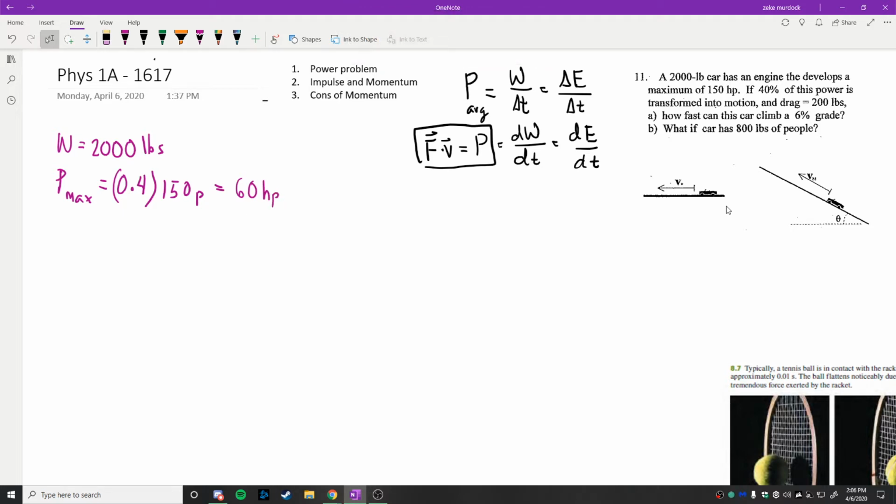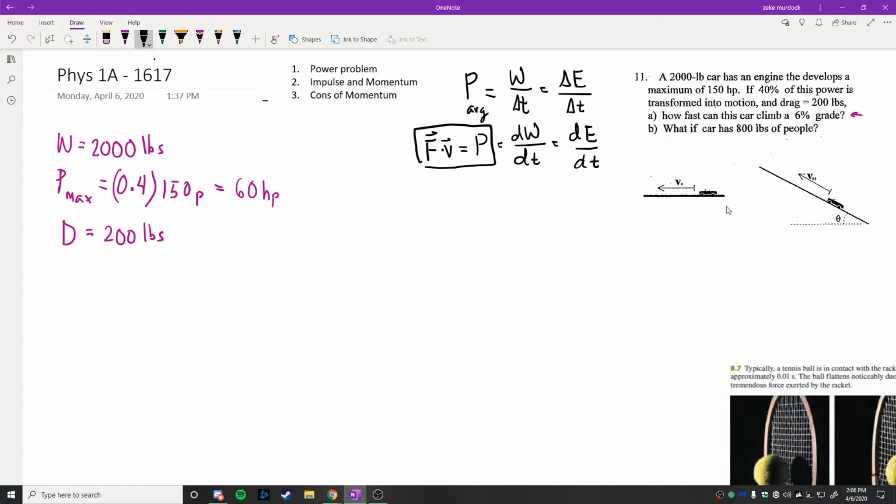And it says we also have a drag force acting on the car, so we'll call that D. And it says the drag force is 200 pounds. The question is, how fast can this car climb a 6% grade? So we've got a car and it's climbing a 6% grade.